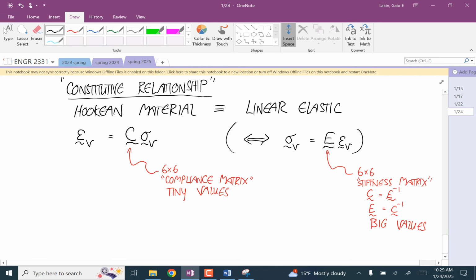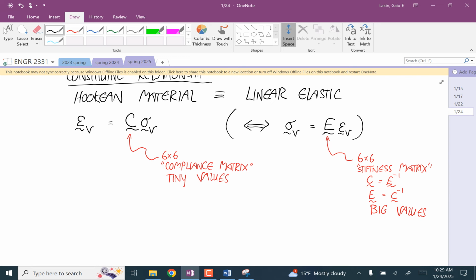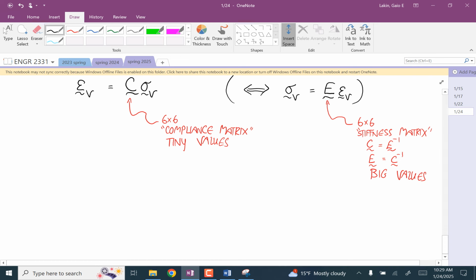But in the worst case scenario, we would have to fill in 36 separate values, and each one of those values would come from a separate type of measurement, which would just be a nightmare to deal with. So at worst, this compliance matrix could have 36 independent values.